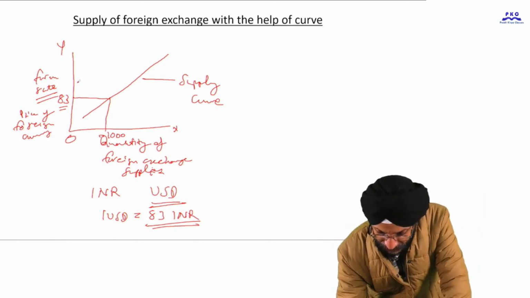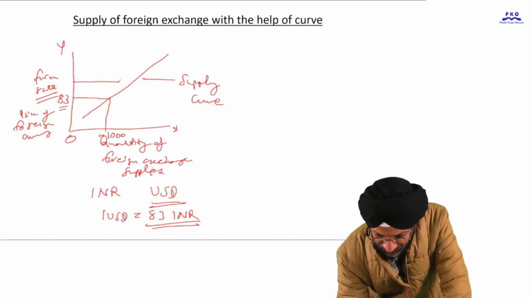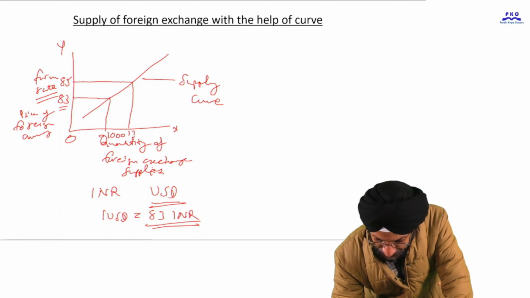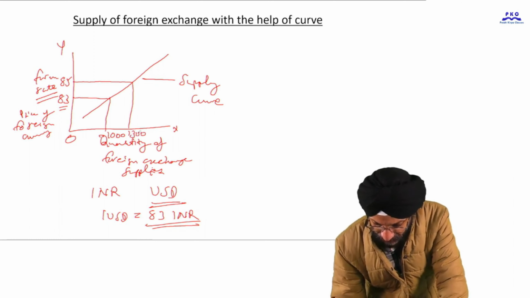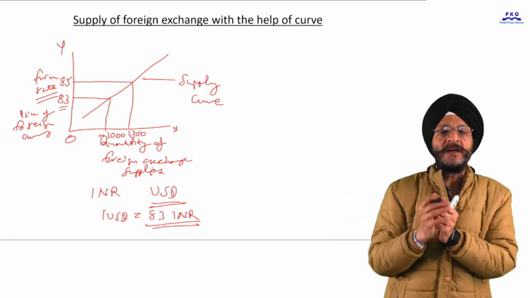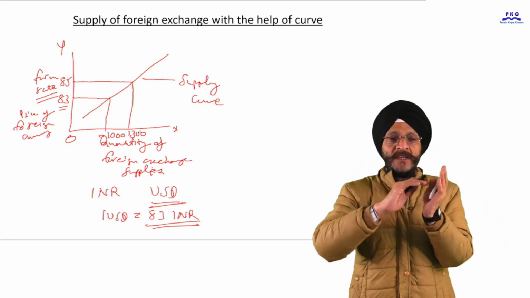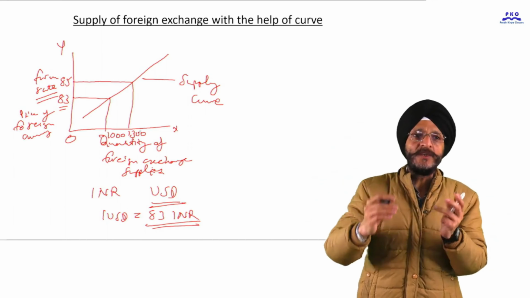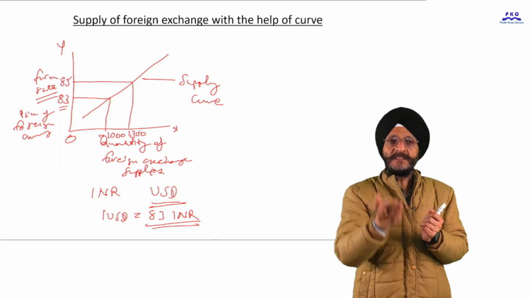If the forex rate increases to 85, the quantity supplied may also increase to, say, 1300. There is a direct relationship: as the price of foreign exchange, or the forex rate, increases, supply increases.